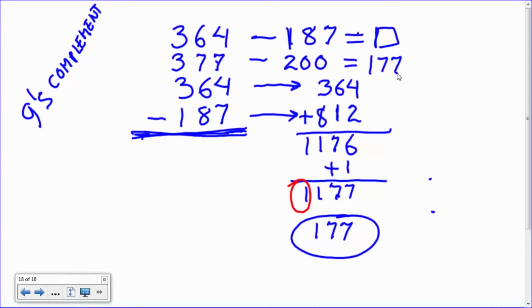Now, this looks like a lot of magic, a lot of hocus pocus to get to the 177. What is the computer really doing? If it's doing this arithmetic this way, why would anyone ask the computer to do this calculation this way?